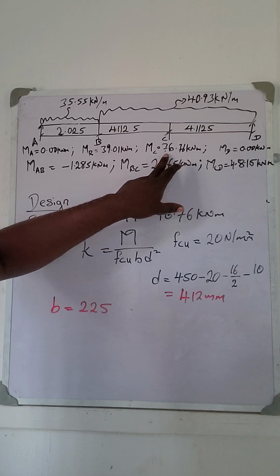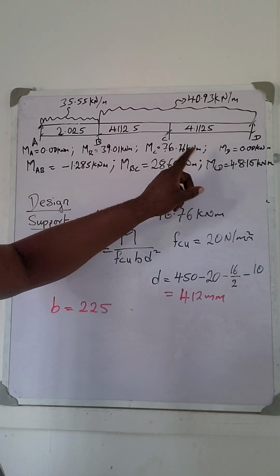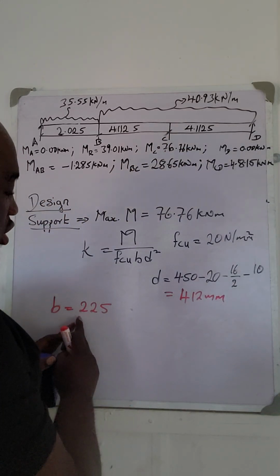So you recall that the maximum moment at the support we are using is 76.76. So the width of the support is the width of the wall, which is equal to 225.